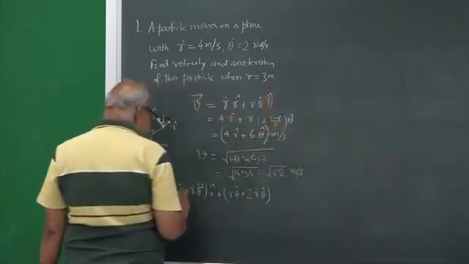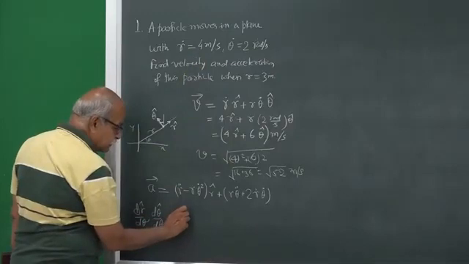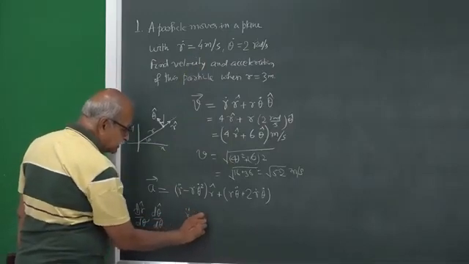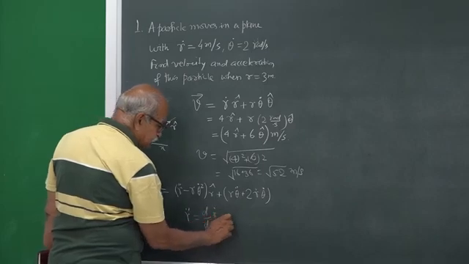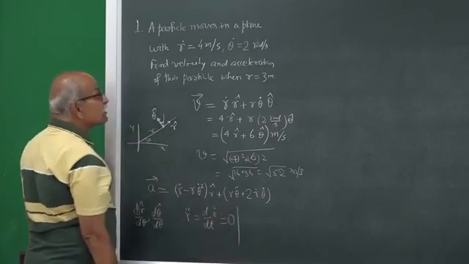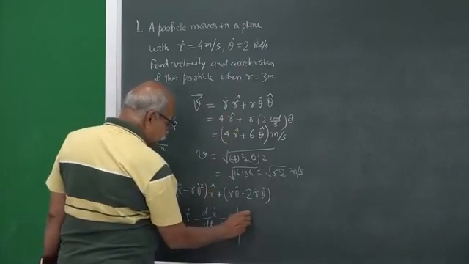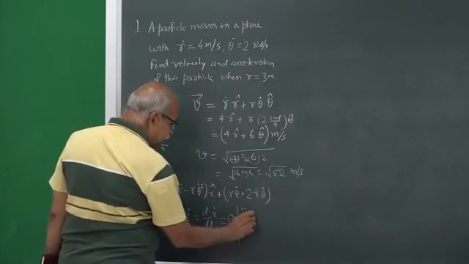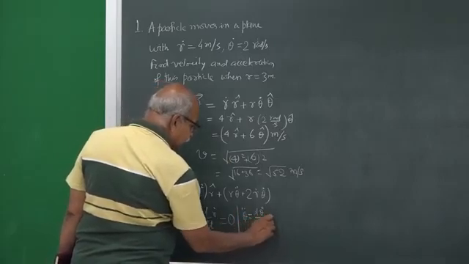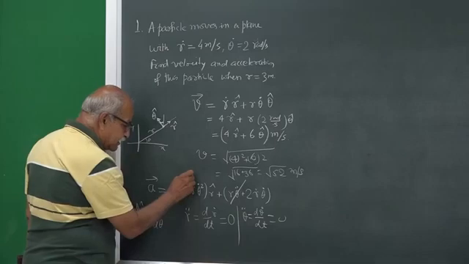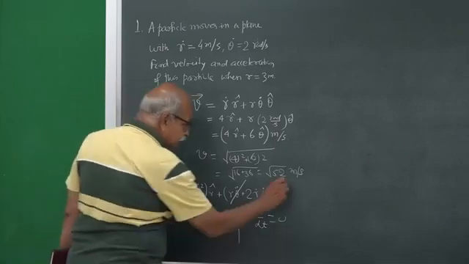So, if I put the values here, r dot is fixed. So, r double dot, which is d/dt of r dot, is 0, and theta dot is 2, therefore theta double dot, which is d theta dot by dt, is also 0. So, this is 0 and this is 0. What we are left with is r theta dot square.